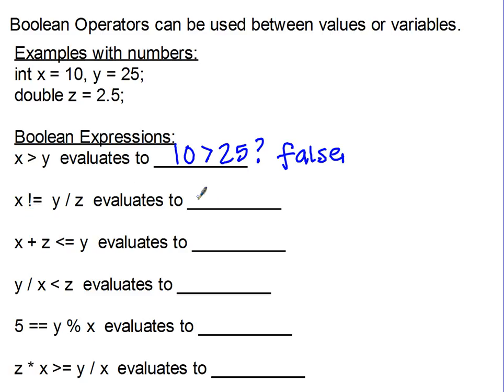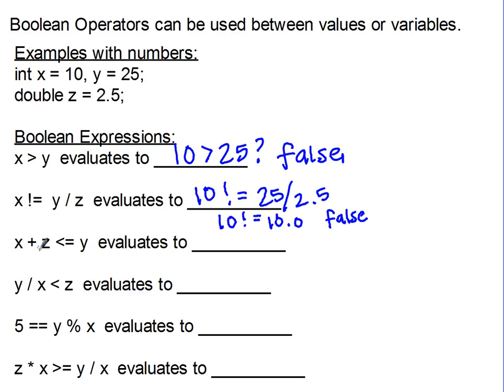Here, I'm asking, is 10 not equal to 25 divided by 2.5? So I have to evaluate this math problem before I can really answer that question. So I say, is 10 not equal to 10.0? And the answer to that is going to be false. Those two values are equal to each other.